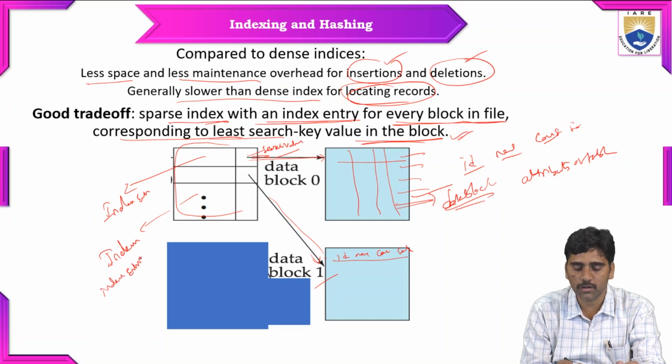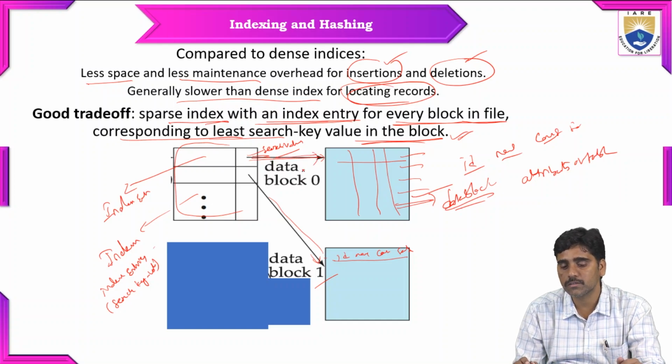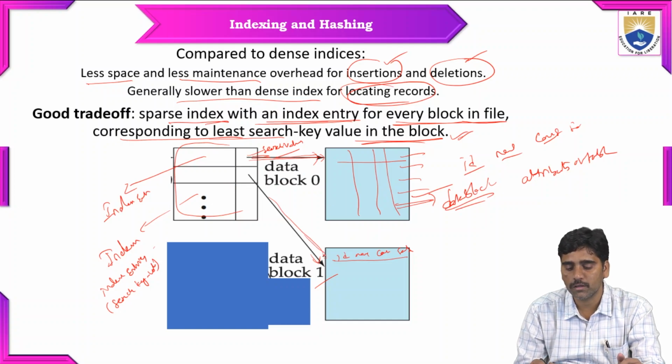Index entries are always the search key values. These search key values point to the file to look up the records, and the other index entries also point to the data buckets or data blocks to look up the records in a file. So that is data blocks, and search key values are associated with them.